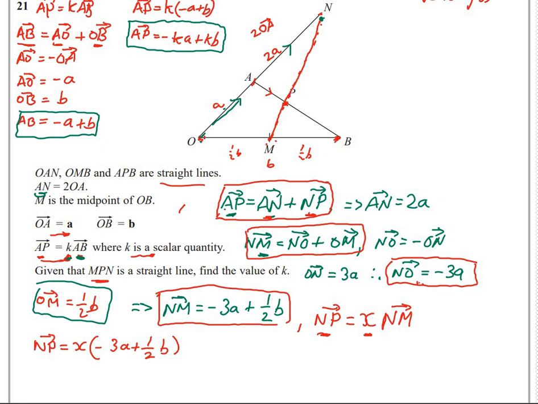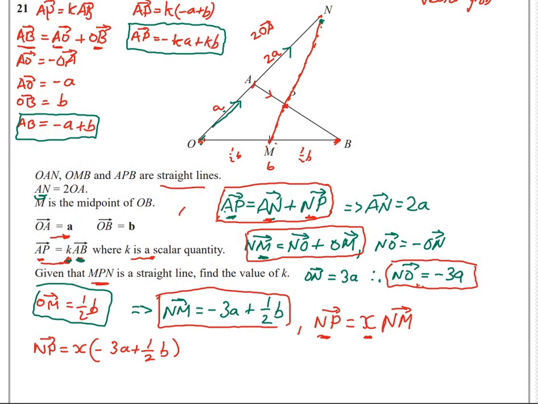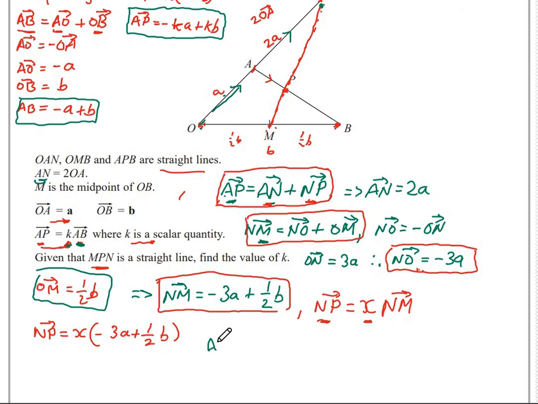So AP equals AN, which is 2a, plus MP. And MP is this, so plus x times (minus 3a plus half b).